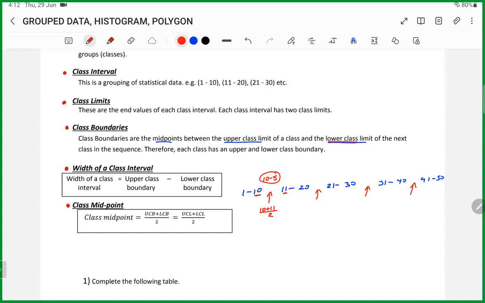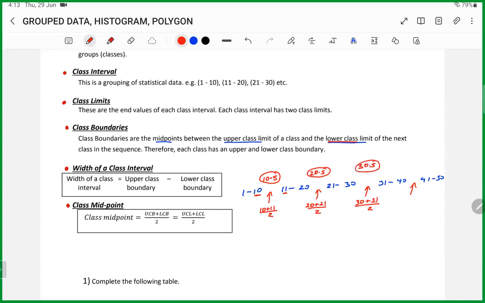That's all it is, right? That's the boundary. Same way here, if we're looking at the average of 20 and 21, that is 20.5. Or the average of 30 and 31, you get the idea? It's 30.5.